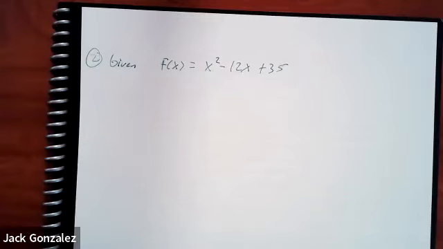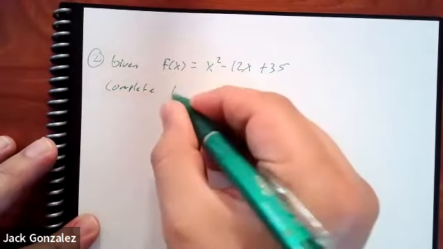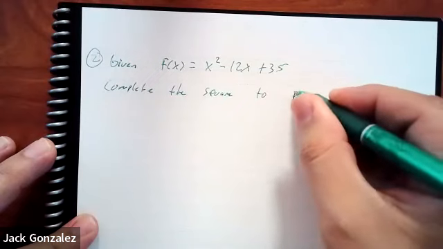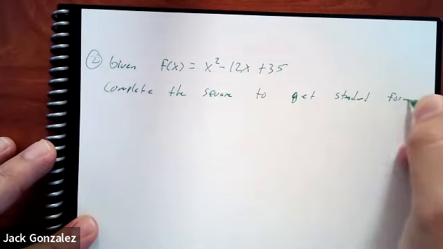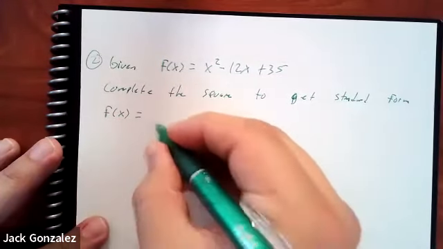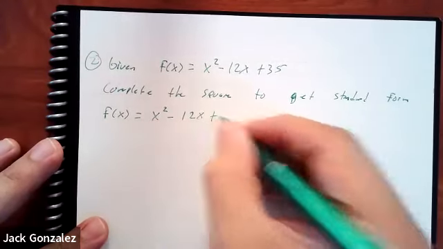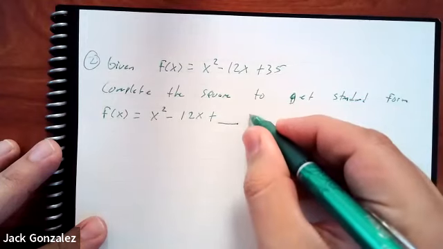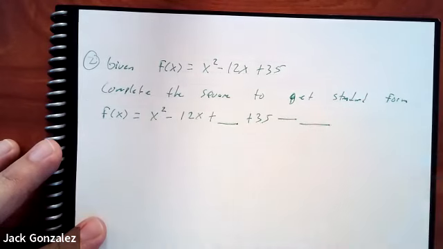So when you complete the square to get standard form, what you do is leave a little blank spot between the x term and the number, and then subtract whatever that blank is going to be.